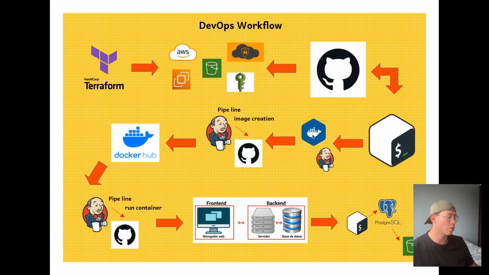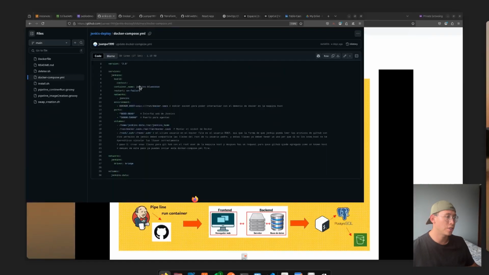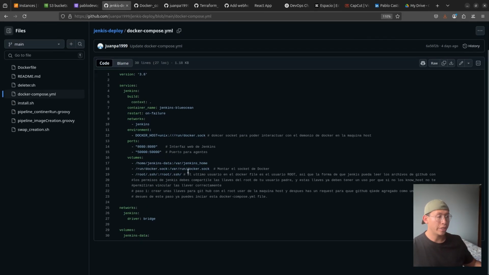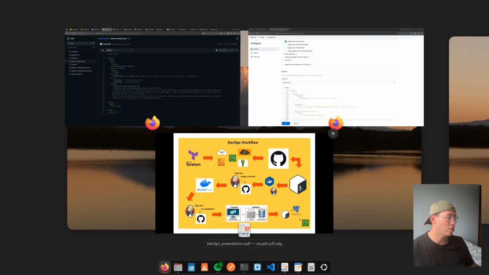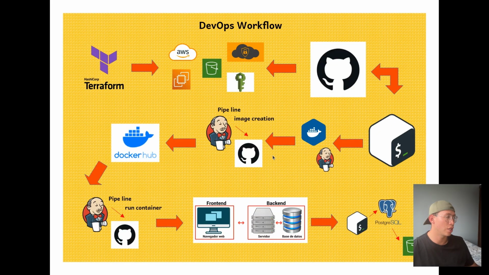Right? The Docker commands won't take place inside of this container. I'm sharing the Docker socket to interact directly with the Docker daemon I have on my host machine. This is the volume where I'm sharing this socket, and Docker will interact with the Docker outside of the container.